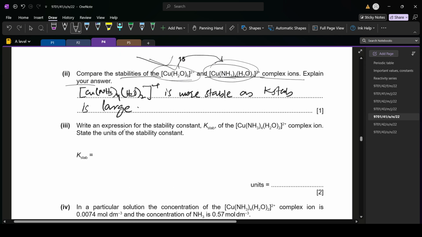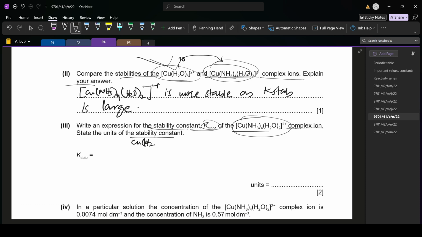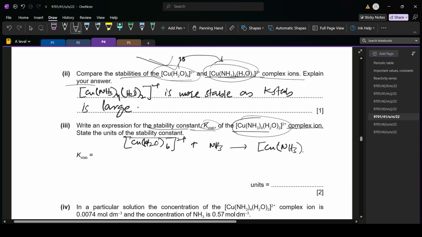Write an expression for the K stability of this complex and state the units of stability constant. So how is this complex formed? When the initial complex of copper reacts with ammonia, it forms this complex of copper.